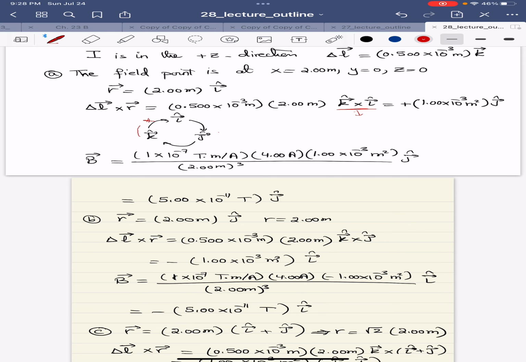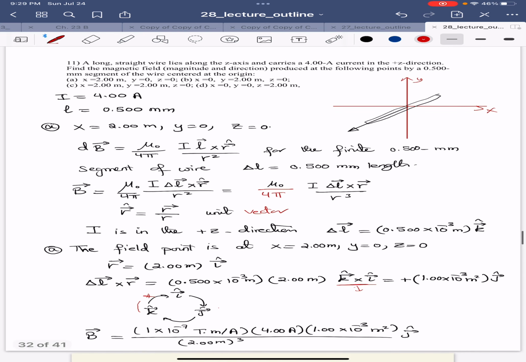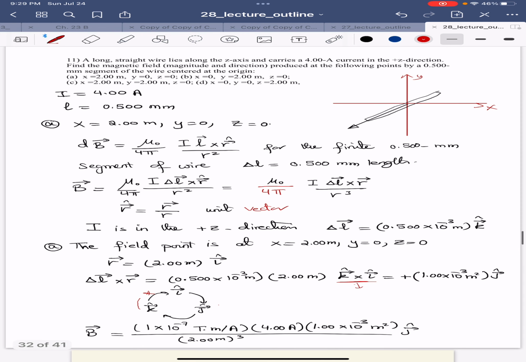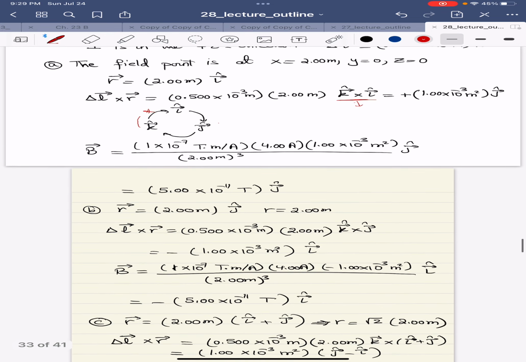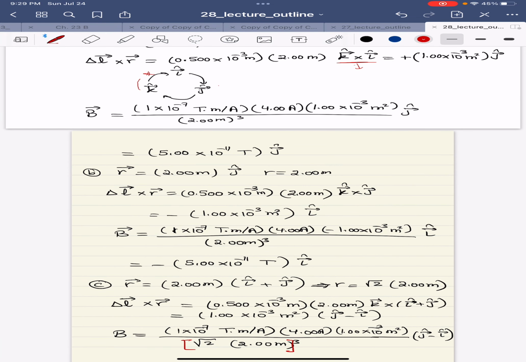For the second point, x equals 0, y equals 2, and z equals 0. Then here r is 2j, and the magnitude of it is of course 2 meters. Again, I will do the same thing. Delta L times r is going to be 0.5 times 10 to the negative 3 times 2, k cross j.